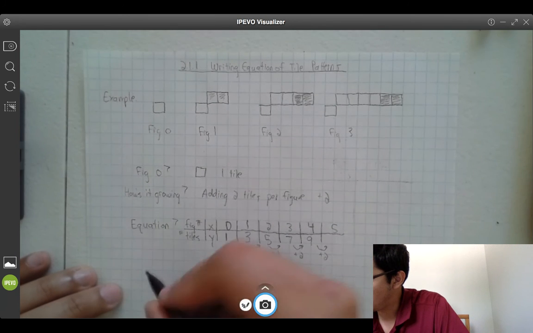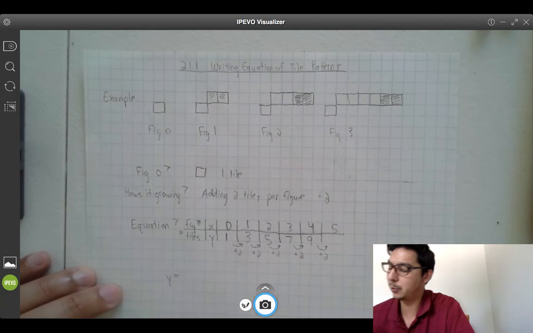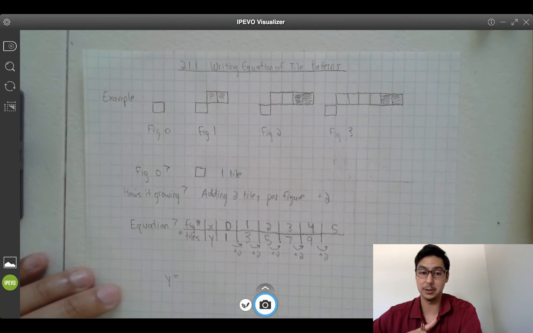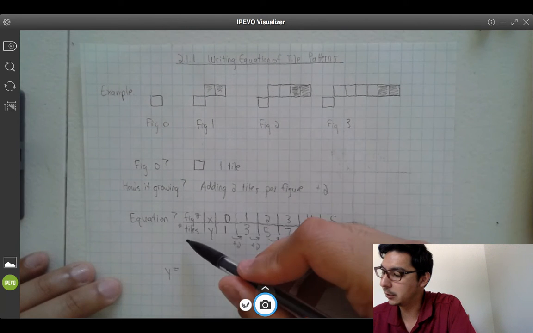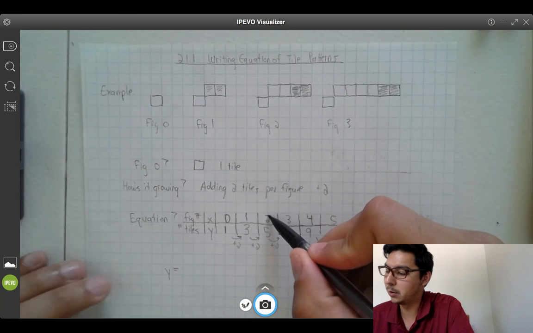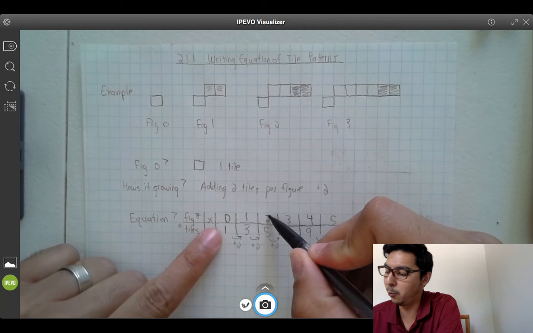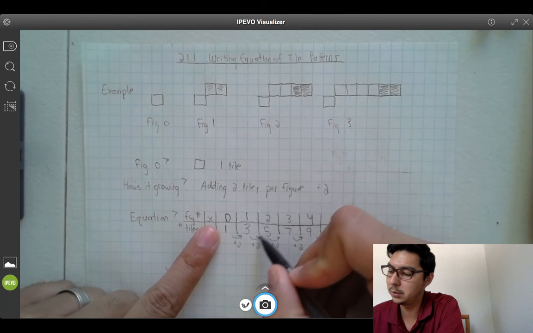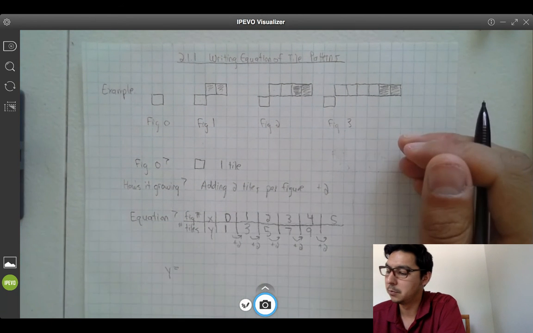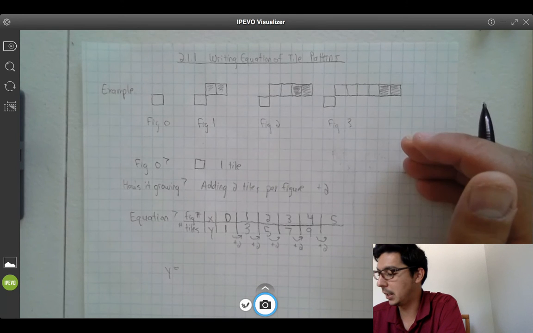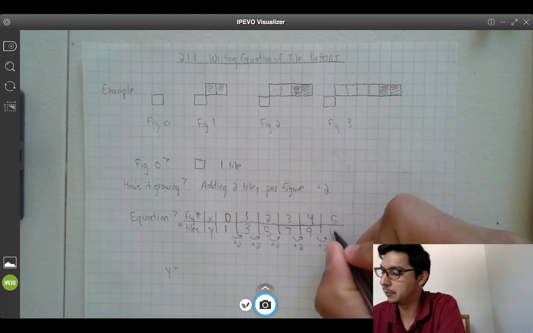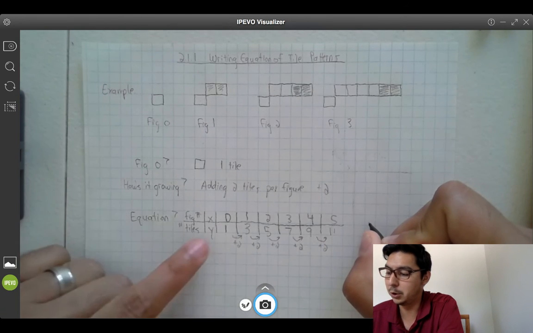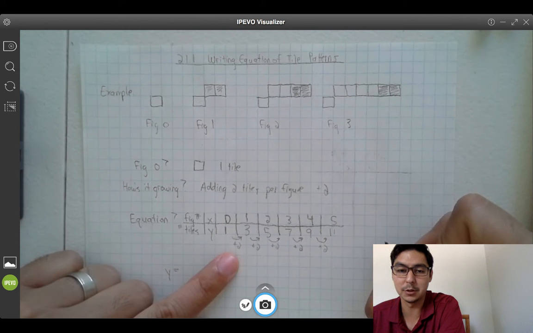Well, the equation here is going to be y equals, how do we get the number of tiles? Well, let me ask you this. If I asked you how many tiles are in the second figure number, what would you do? Well, from 1, how many times would you add 2? You would add 2 times. If I were to say how many tiles are in figure 10, well, you would add 2 10 times.